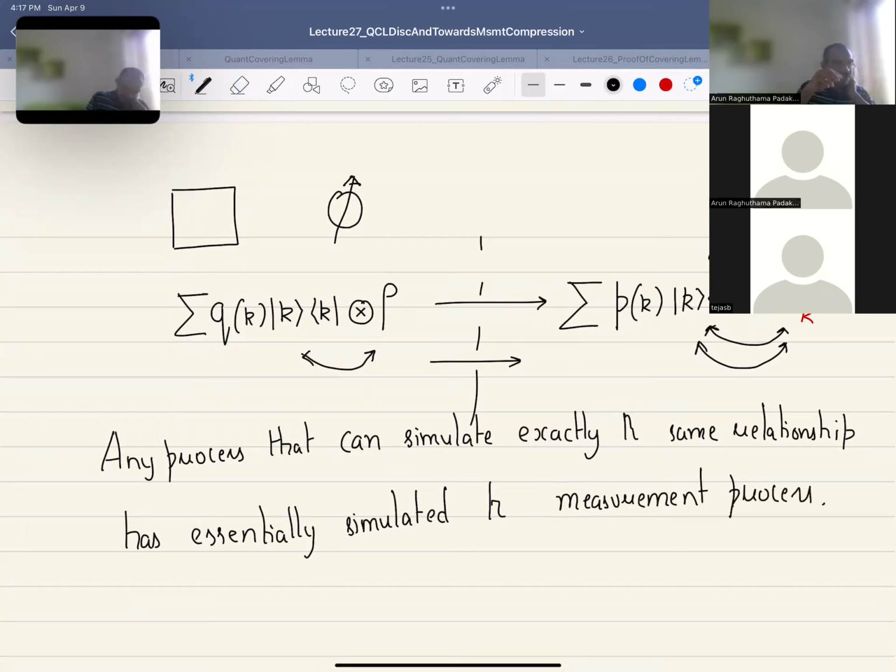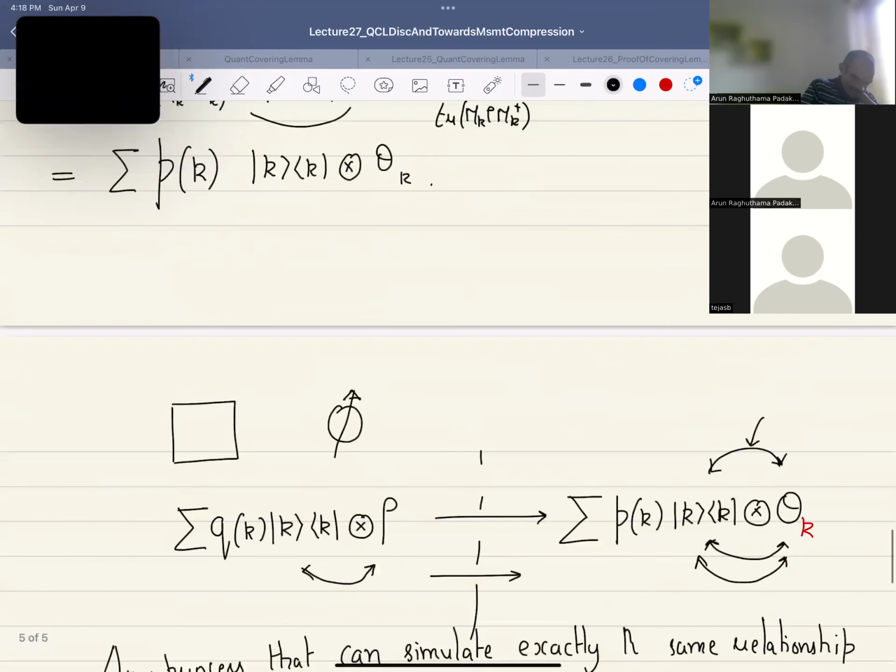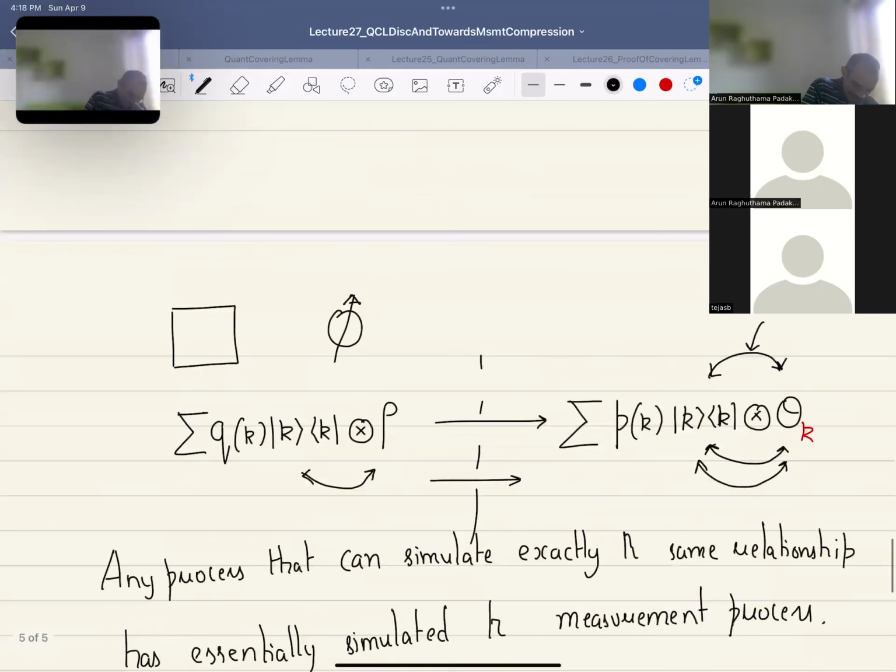Sir, can you repeat the comparison you did regarding the information contained in both? Yeah, see, previously your quantum state, you prepared it in some state rho, and you had a dummy classical register with you, and there was absolutely no relationship between the classical register and the quantum register.